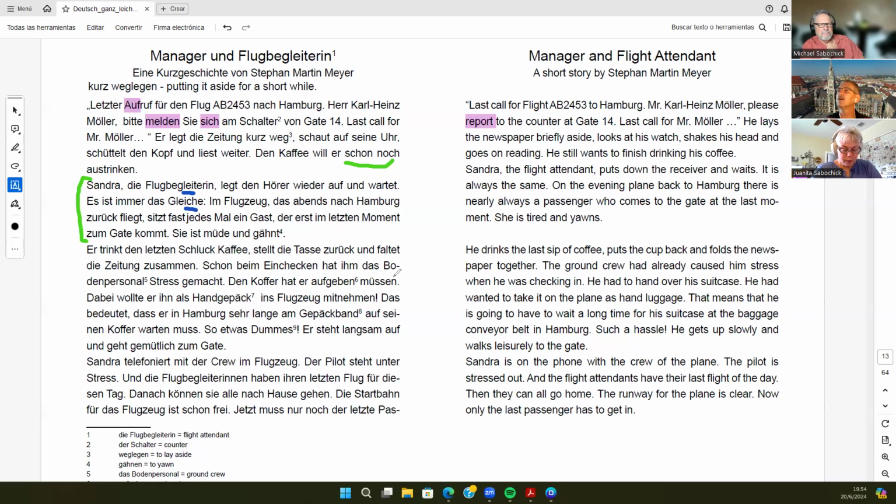Im Flugzeug, das abends nach Hamburg zurück fliegt, sitzt fast jedes Mal ein Gast, der erst im letzten Moment zum Gate kommt. Sie ist müde und gähnt. You've got an umlaut here. Gähnt.